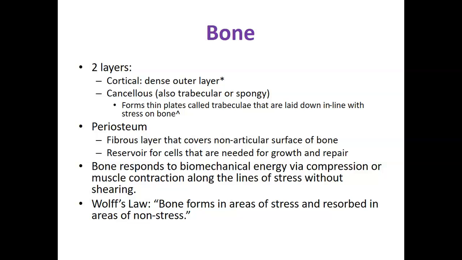The bone responds to that biomechanical energy with compression or muscle contraction. So as your muscle contracts against a bone, it actually helps to lay down more bone along lines of pull. Wolff's law is what we call that. That bone forms in areas of stress and it's reabsorbed in areas of non-stress.